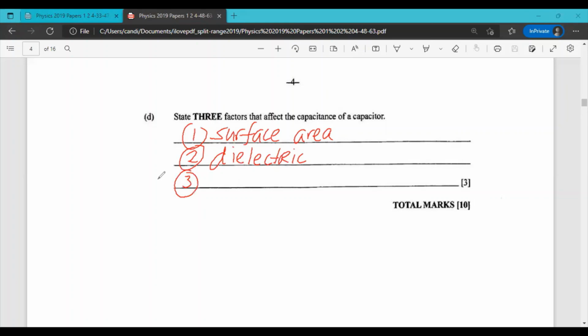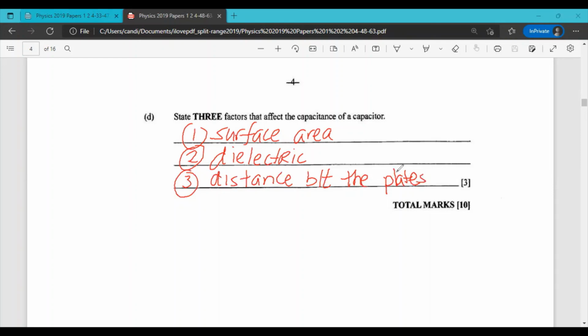And then the third factor is the distance between the plates. We already know from the study of electrostatic forces that the closer two unlike charges are to each other, the greater the attractive or repulsive force between them. So the distance between the plates also affects how much charge can be stored.